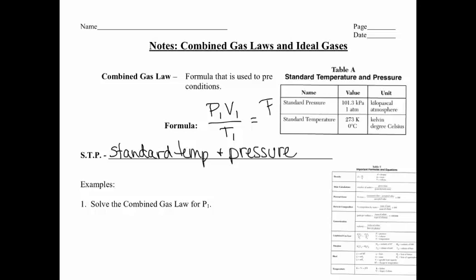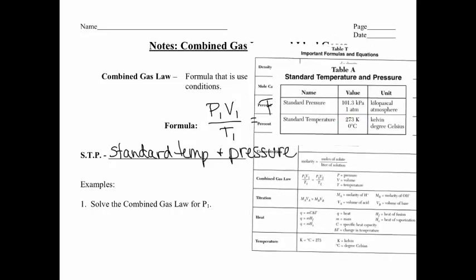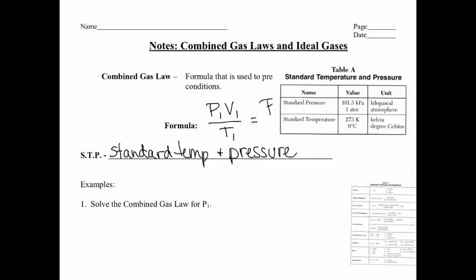You never use Celsius temperature in the combined gas law. You can't. If you do, you won't get the right answers. You always have to convert to Kelvin. And if you ever forget how to convert to Kelvin, it's actually the last formula in Table T right here. So whatever your Celsius temperature is, you're going to add 273 to convert it to Kelvin.